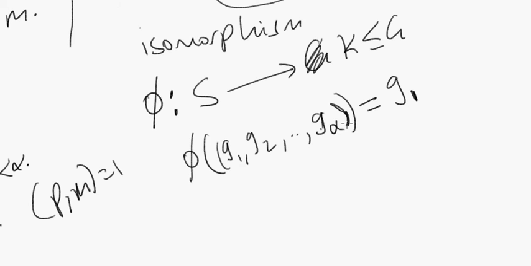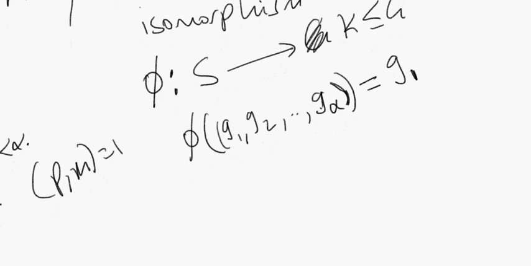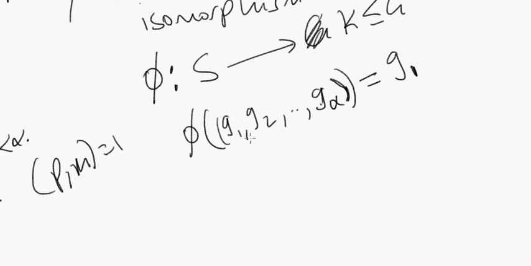Well, what has to be true about an isomorphism? Isn't it supposed to be injective? If phi of some element of S gives us G sub 1, can't we get another element, say G sub 1 in the first slot and the other slots mixed up, maybe G sub alpha, G sub 2, and so on?